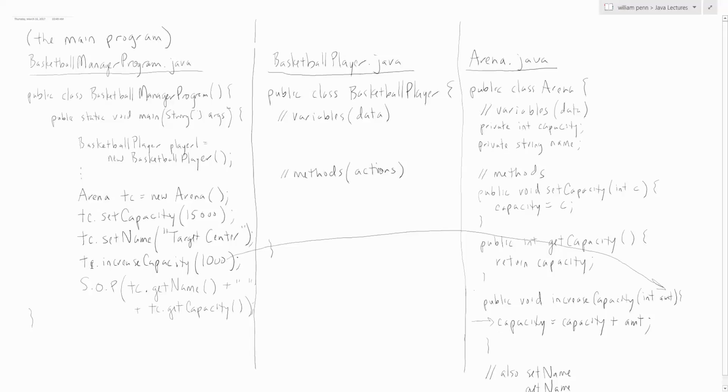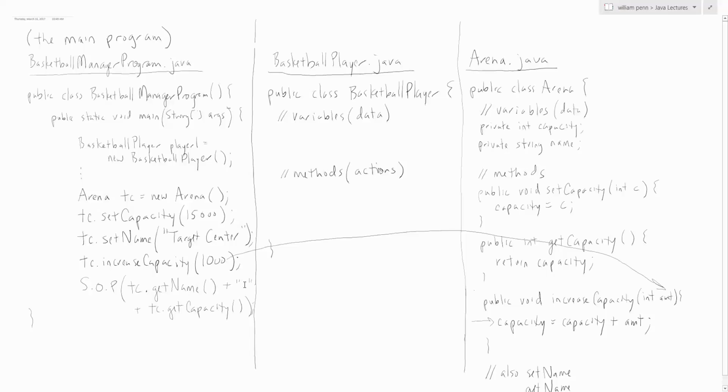So capacity would be 16,000, and then you can see I'm printing out a couple of things. All I'm doing is a println, and I say TC.getName. That comes over and calls the getName method over here, which I didn't write, but all it does is return the name. So this whole thing would be replaced by the name, which we said earlier is target center.